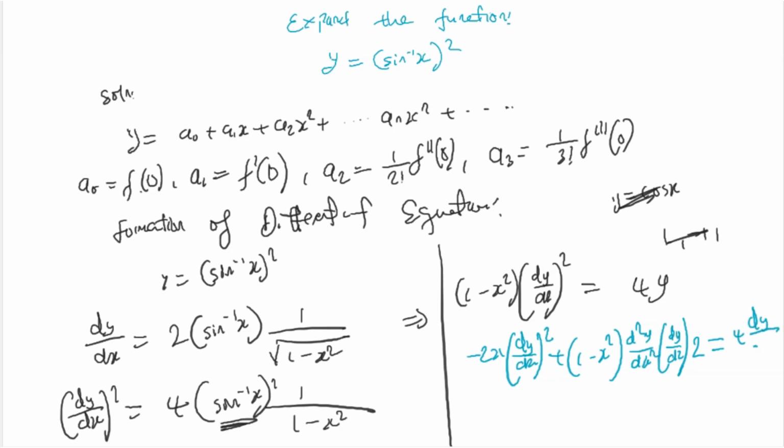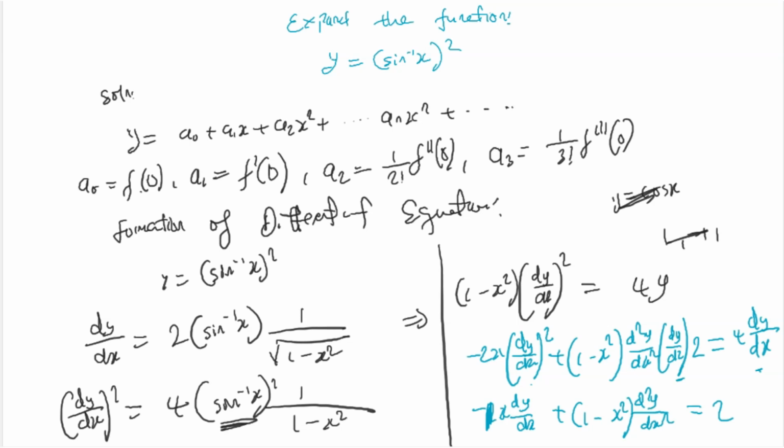Now notice here that dy/dx can be found in each of these terms, so we can divide both sides by dy/dx, and we get negative 2x. Then we have 2 in the other term, so we can just cancel that 2. So that is negative x dy/dx plus (1 minus x squared) d squared y over dx squared equals 2.